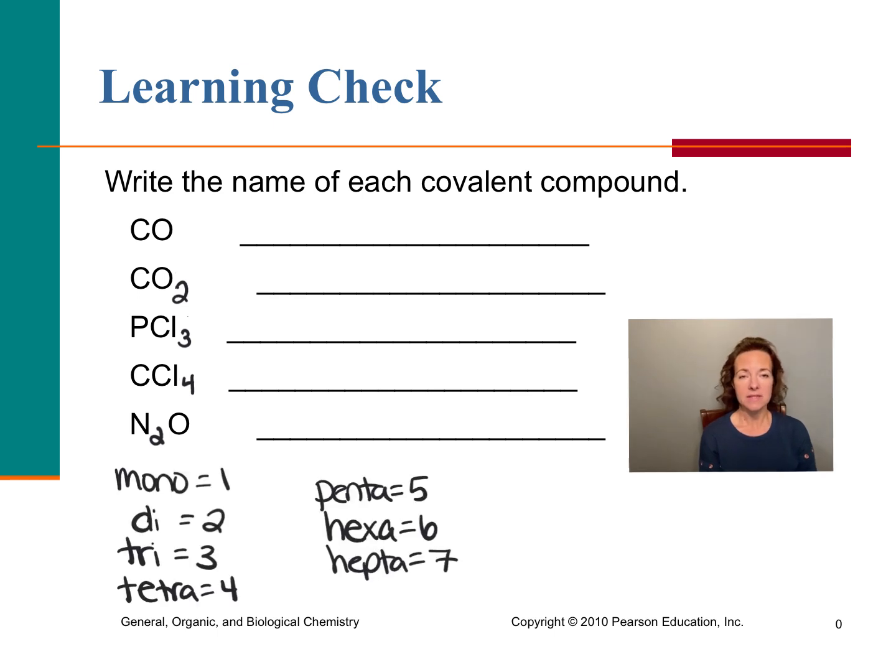So take a minute, see if you can write the correct name for CO, for CO2, for PCl3, CCl4, and N2O. So pause the video for a second if you're not finished. Take a minute, try to go back, look at those prefixes, and determine what the correct covalent name would be.